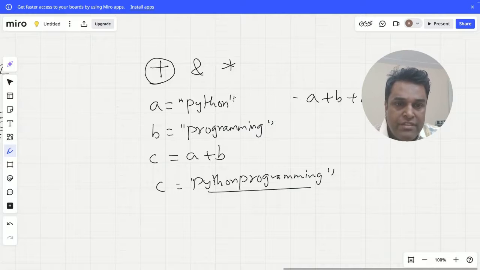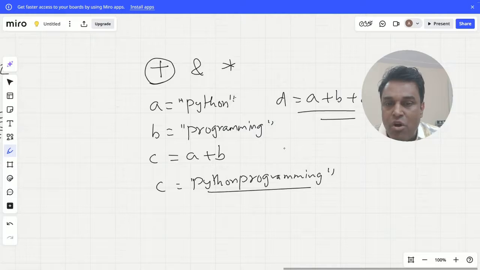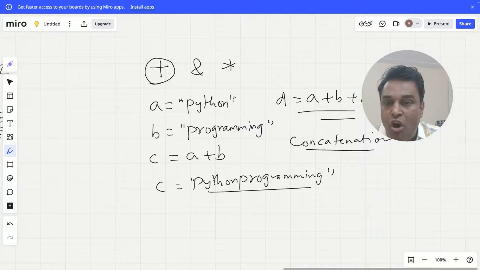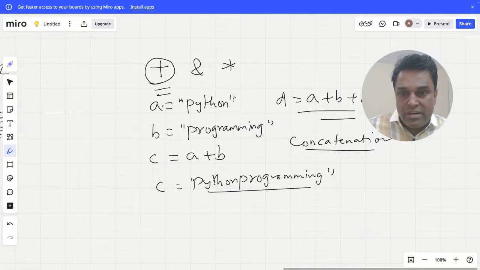All of them have string values, and all of them can be joined together. Such a thing is called concatenation, that is joining of strings. So the plus operator can be used for joining two strings.